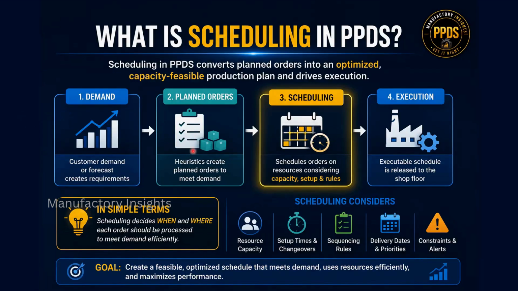Heuristics create plan orders. Scheduling then assigns realistic dates and times while considering resource constraints. Only after scheduling, we get a production plan that can actually be executed on the shop floor. That's why scheduling is one of the most critical functions in SAP PPDS.